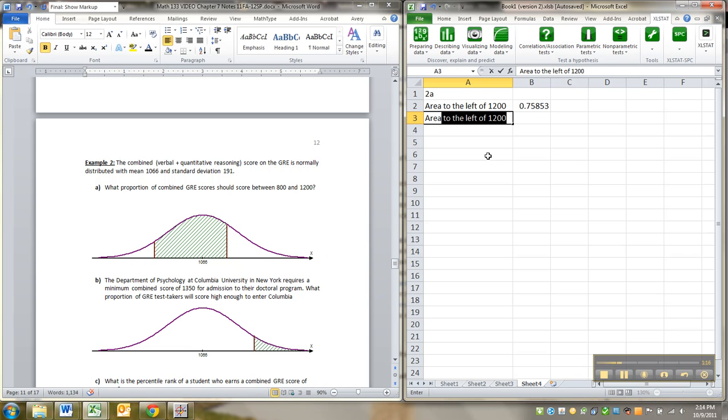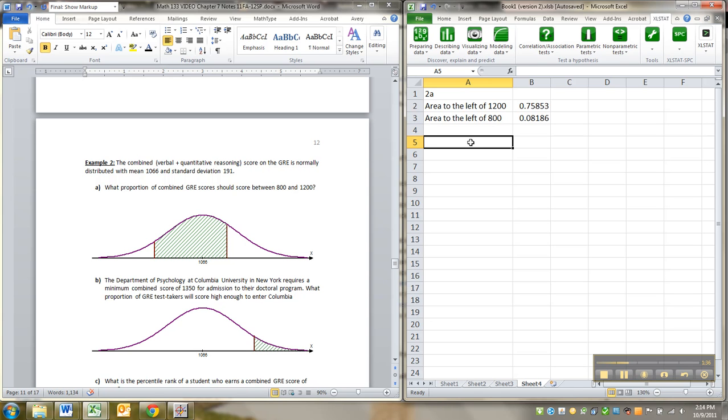So we need to find the area to the left of 800. That would be equal to norm dist 800, comma 1066, that's the mean, 191, true.